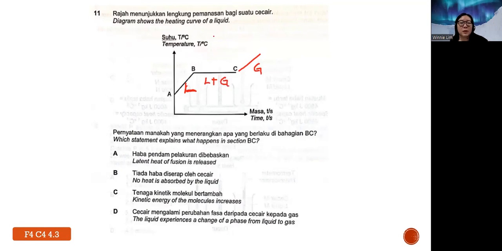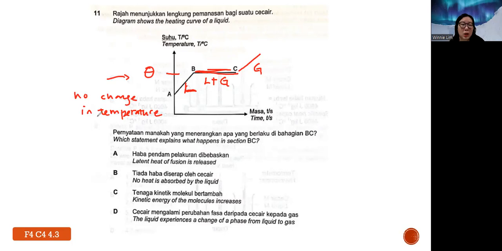So during this part, is there any change in temperature? They remain the same, right? Example, the temperature is theta. They remain at the same temperature, so there will be no change in temperature. How come there is no change in temperature? Because during this section BC, the heat being supplied is used to overcome the forces of attraction between the molecules or particles.